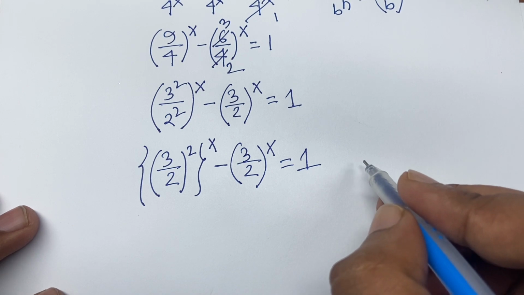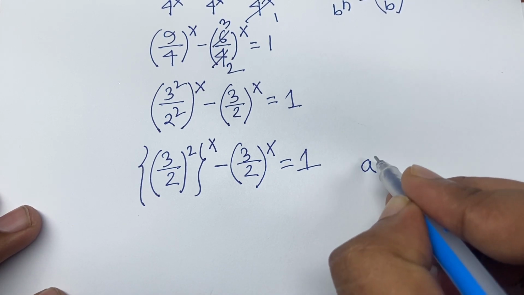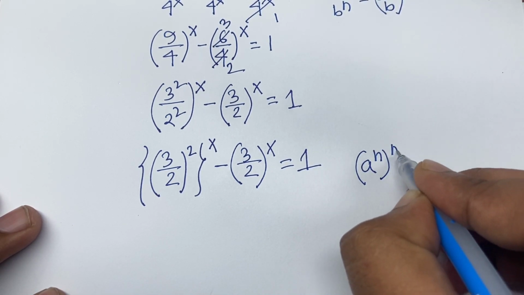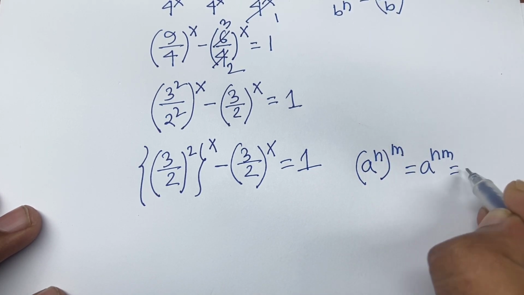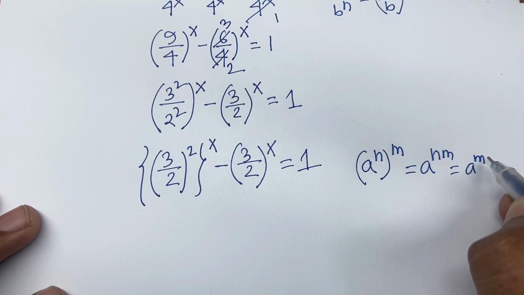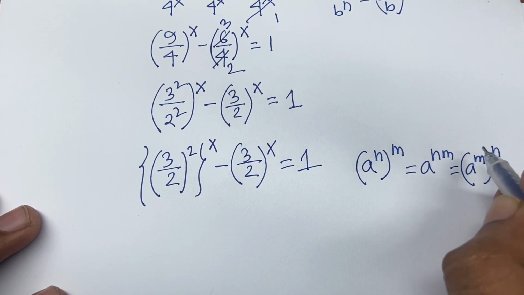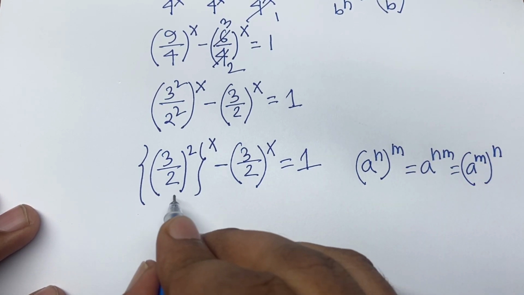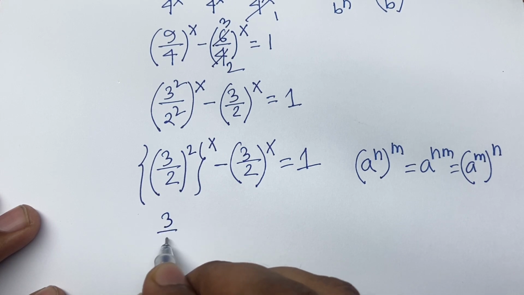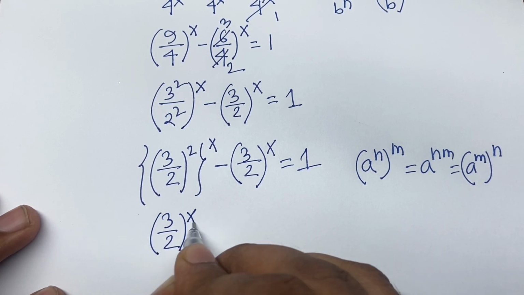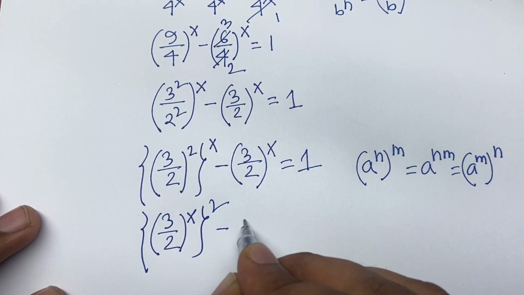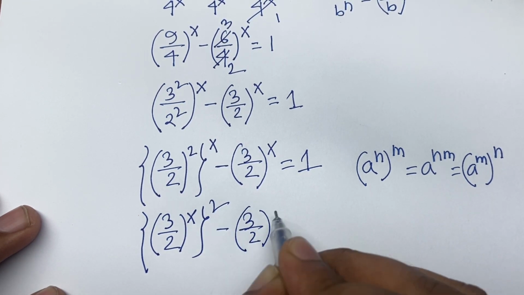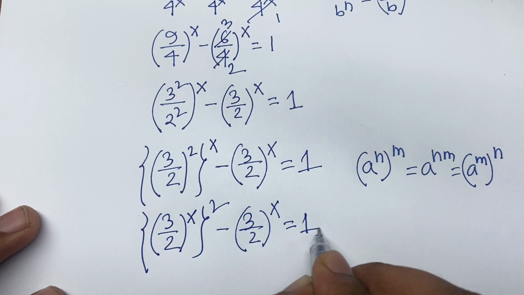According to this exponential rule, we know that (a^n)^m is equal to a^(nm), which is equal to (a^m)^n. If I apply these rules in this case, we find ((3 over 2)^x)^2 minus (3 over 2)^x is equal to 1.